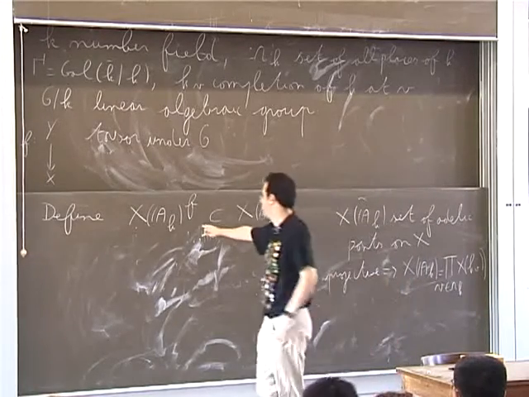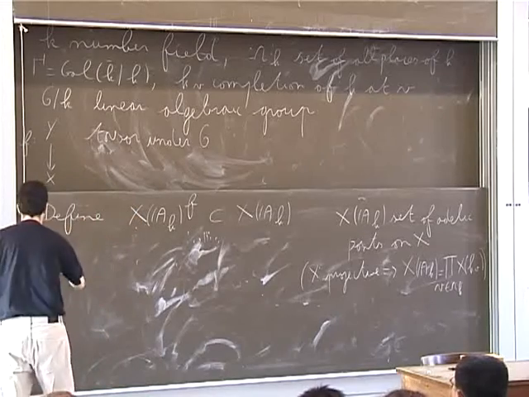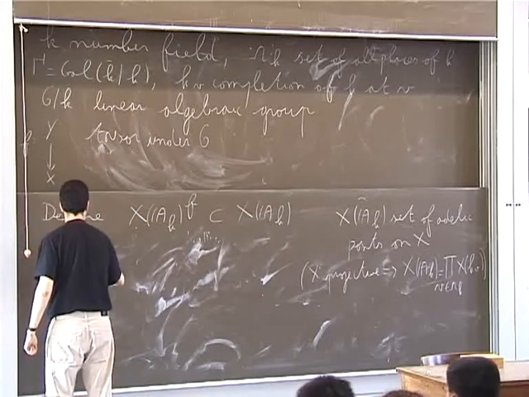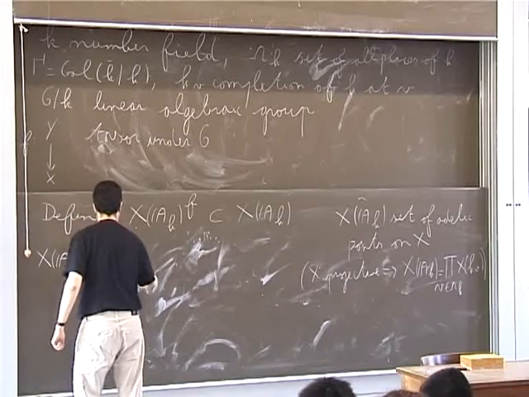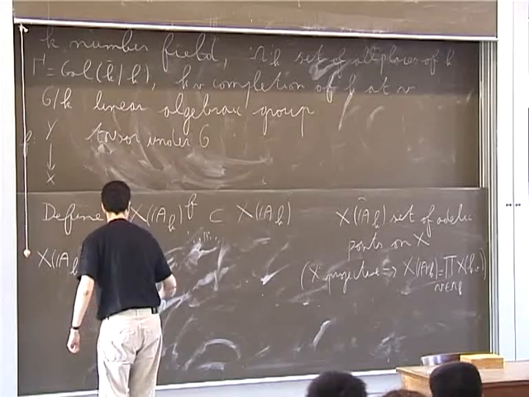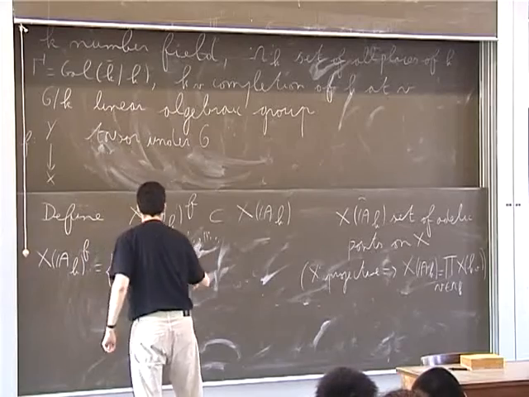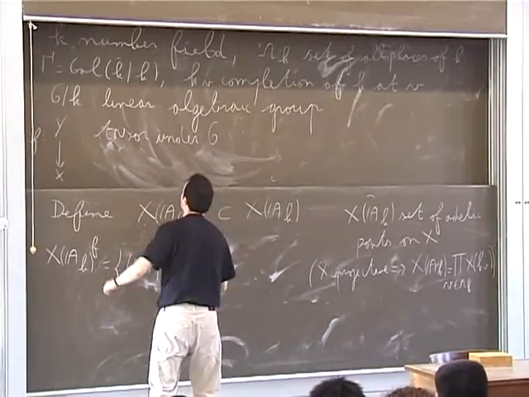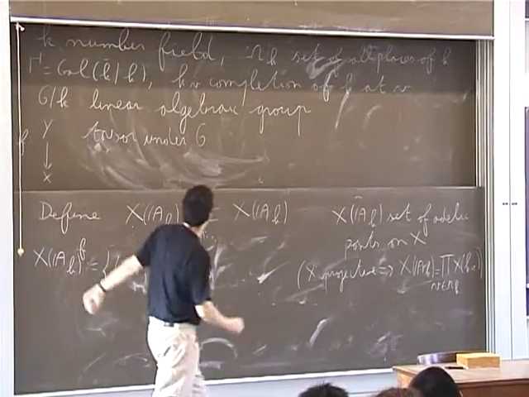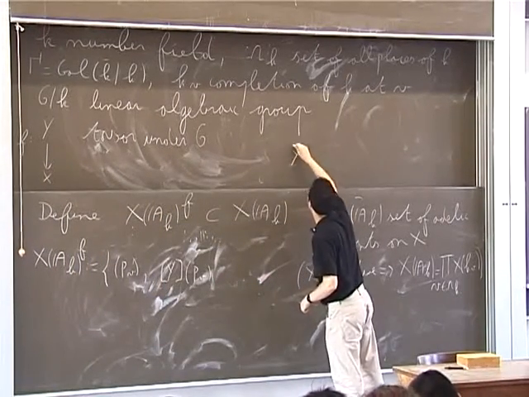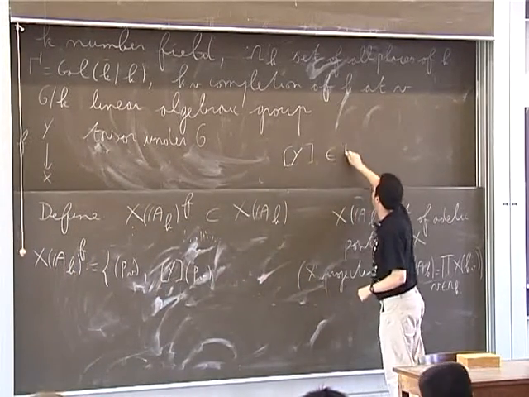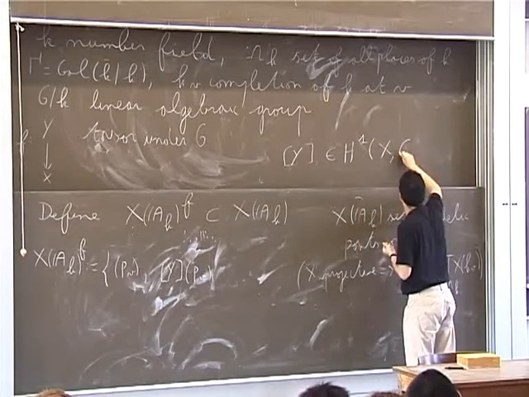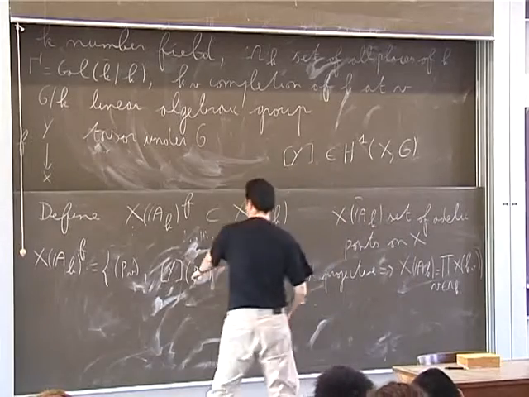So I have a certain subset. I recall the definition. X of AK to the power F is defined as the set of adelic points Pv such that if you take the evaluation Y of Pv, so recall that when you have such a torsor, you can take its class Y in the cohomology set H1 of X, G. And you can take the evaluation.